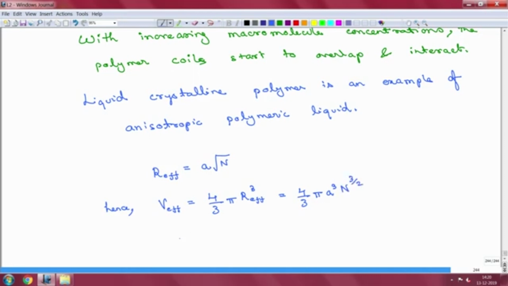If we drop this number 4 by 3 pi, then V effective scales as A cubed n to the power 3 by 2.